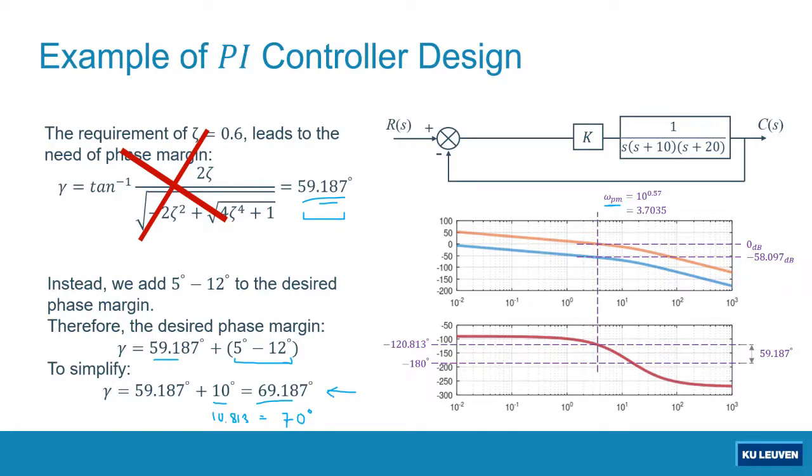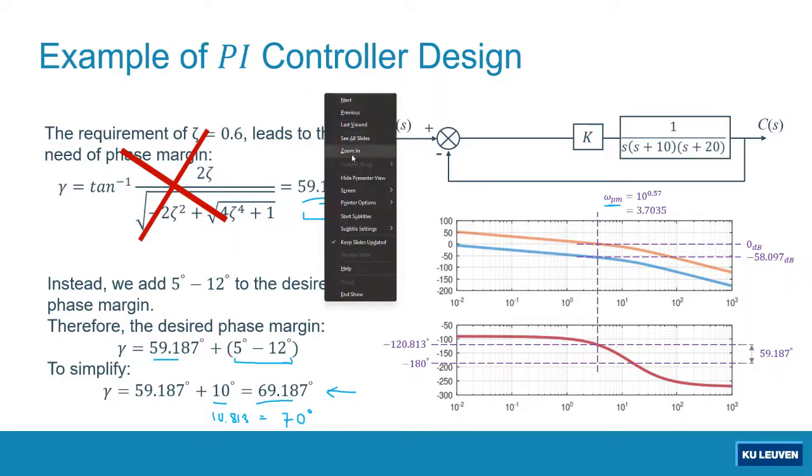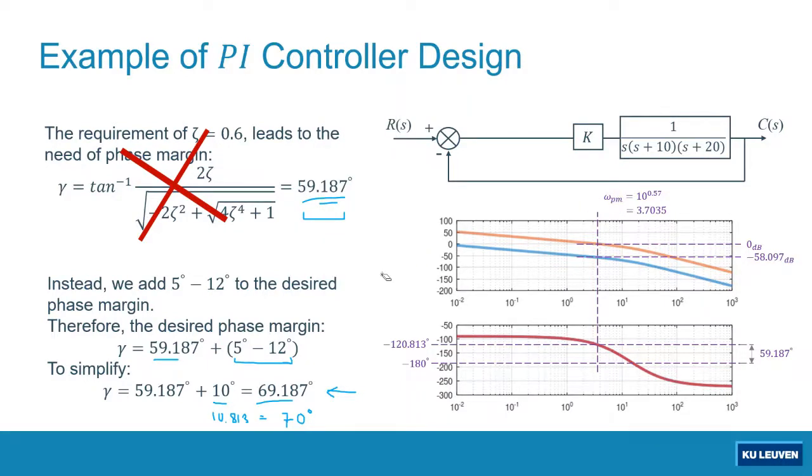My new phase margin requirement now is equal to 69.187 degrees. So how to design the gain in my PI controller? Step by step wise, it will be exactly the same as what we did before. But now we have to find the phase margin frequency that will give a phase margin equal to 69.187 degrees instead of 59.187 degrees. So where can I find this phase margin value?